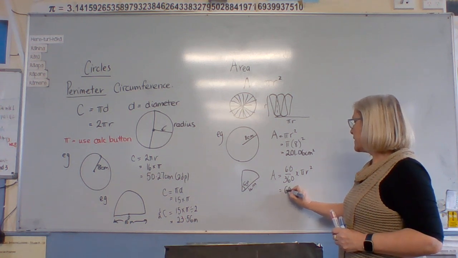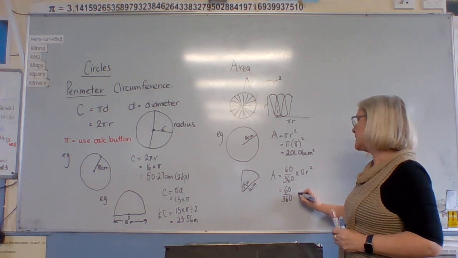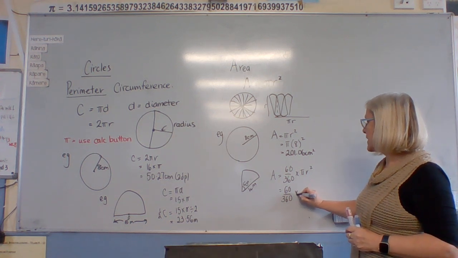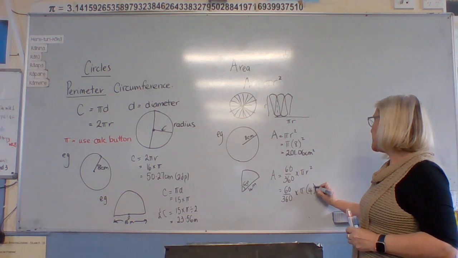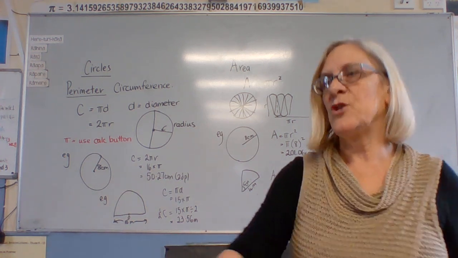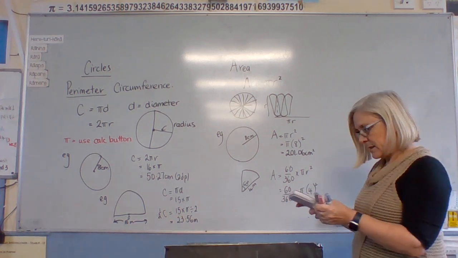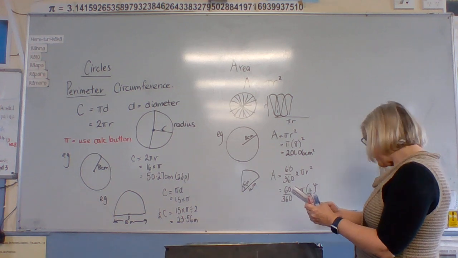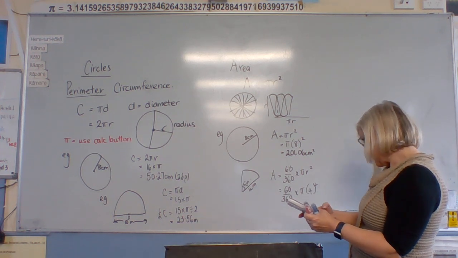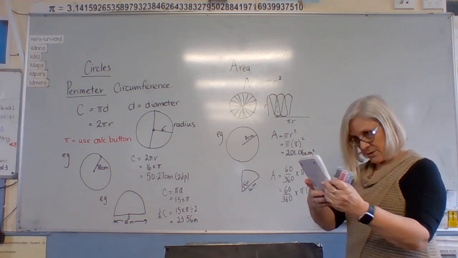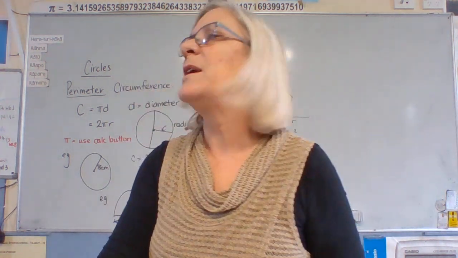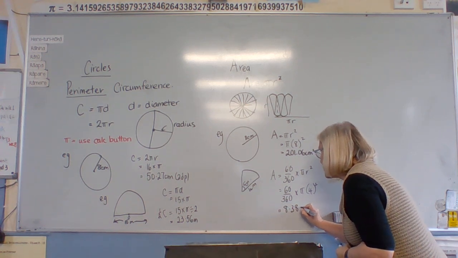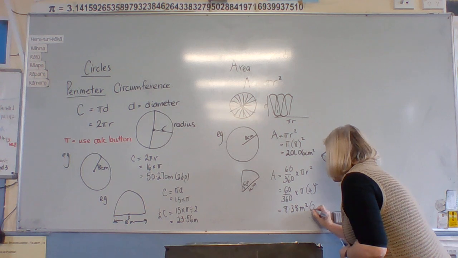We could simplify it to 1/6 if we knew how to, but we could just leave it as 60 out of 360, and then we're always right. Pi times 4 squared, so we put that into our calculator, and we get 60 over 360 times pi times 4 squared equals 8.38 metres squared rounded.